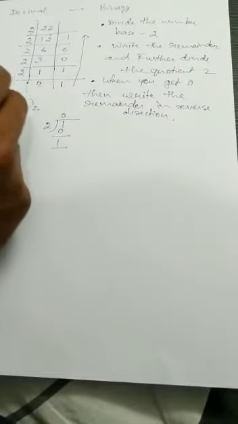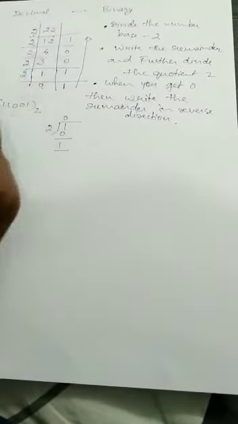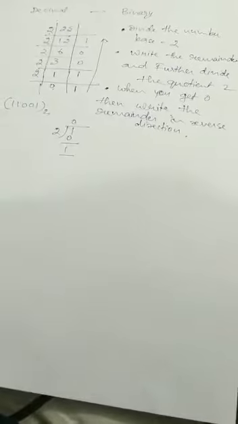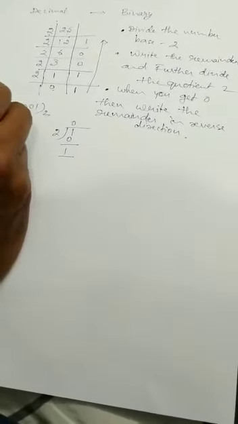And this number is the binary number. So you have converted 25, a decimal number with base 10, into base 2.